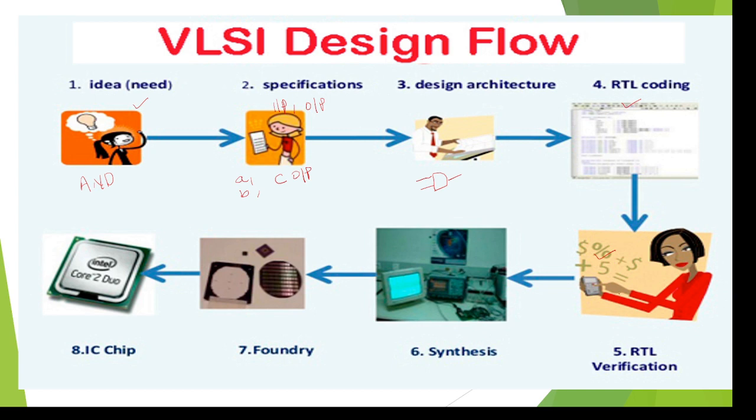If it executes without any errors, then you can go for synthesis here. After synthesis, we can go for the physical designing process, the backend process. Up to this part, we call it the front end process, and then we go for the back end process.